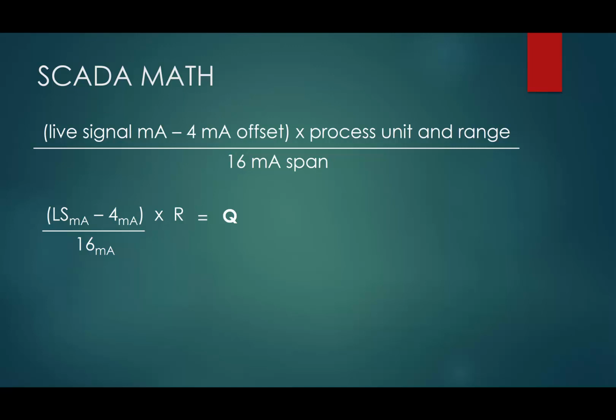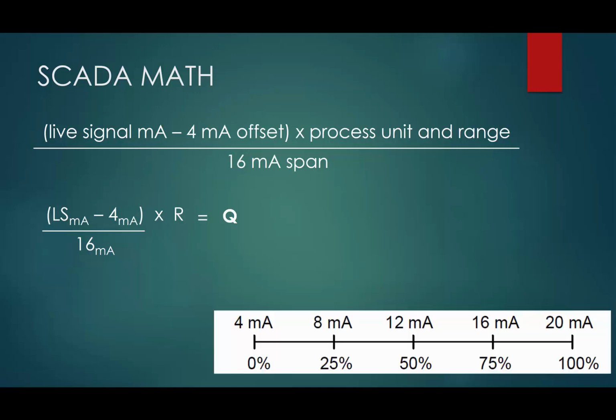Keep in mind, and we talked about this before, that the 4 to 20 milliamp span is going to move proportionately with whatever's being measured. If you recall from the lecture material, this little chart shows you that when you're at 4 milliamps, you're at 0%. So again, using that example of a pressure gauge calibrated from 0 to 100 psi, if your signal is at 4 milliamps, you're at 0 psi.